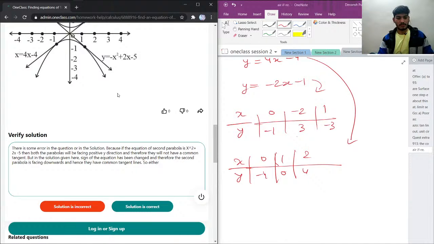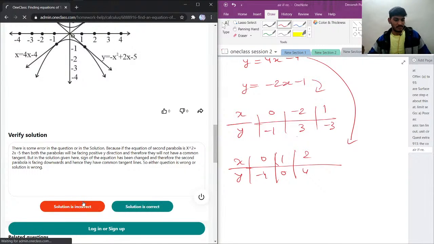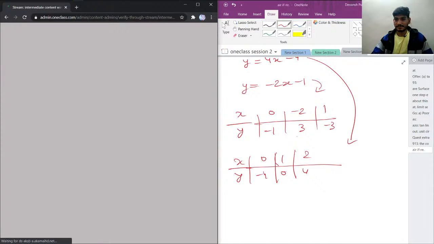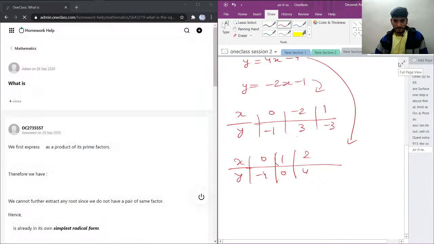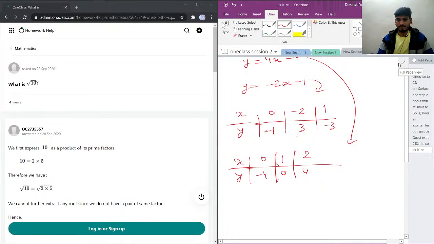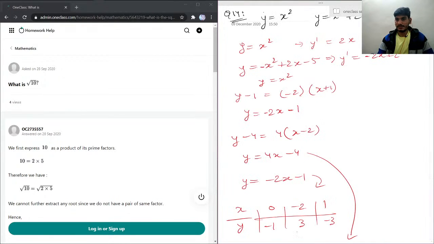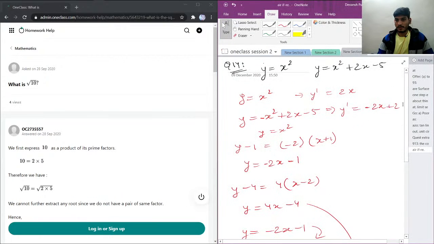So either the question is wrong or the solution is wrong. So this solution is kind of incorrect because there are some errors. And this was question number 14.